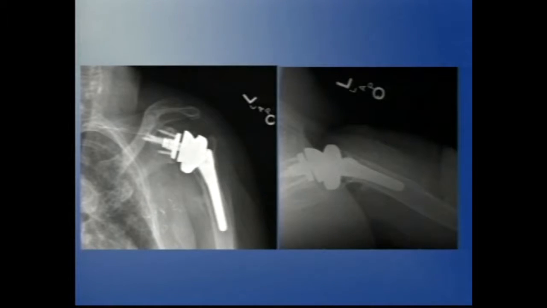So this type of operation is a good operation for expectations of pain relief and being able to sleep on it at night. Now, nobody becomes a power lifter after this. I mean, you may be able to get up to here. A victory with this is being able to touch the top of your head, okay, with good pain relief. This is someone who has chronic rotator cuff tear of their shoulder.